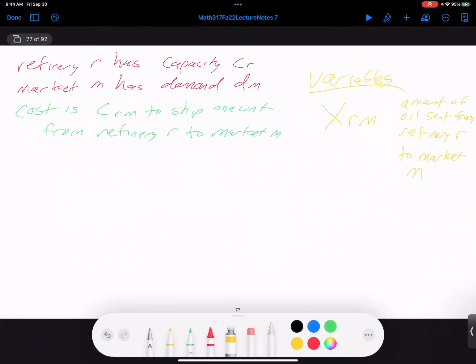Here are our constraints, and here are our definitions. Here are the things we're looking at. And now, what do you think we're trying to minimize? What do you think the objective function is?